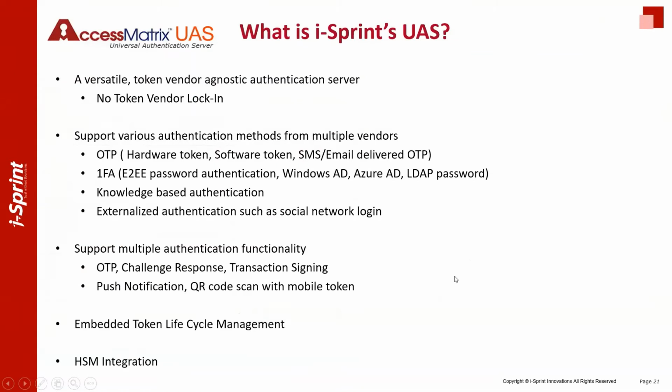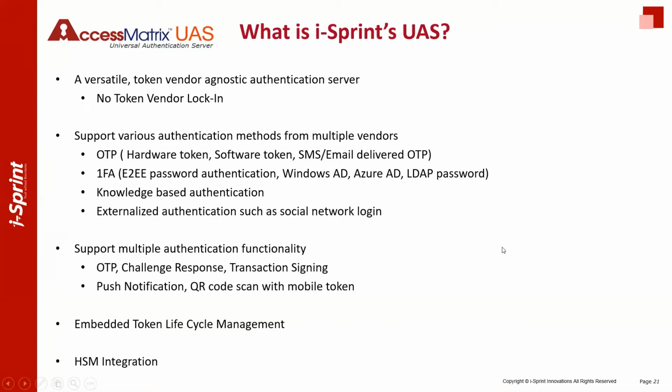So next we'll be showing the UAS basic information. So that our UAS, as mentioned before, is the vendor agnostic server, so that the customer does not need to be tied to a single vendor. And then we also support different OTP tokens such as hardware token, mobile token, SMS OTP, and we can also integrate with external data store like Windows AD or LDAP for the 1FA.